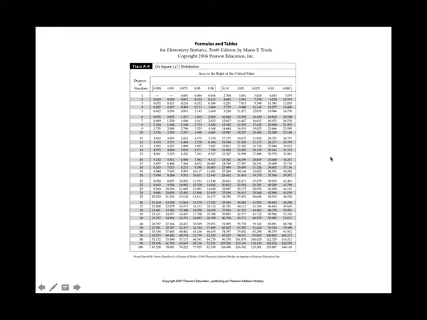So let's try the first example. Find the critical values for a 95% confidence interval using the chi-square distribution with a sample size of 11. First, we know n is equal to 11. What is the degrees of freedom?